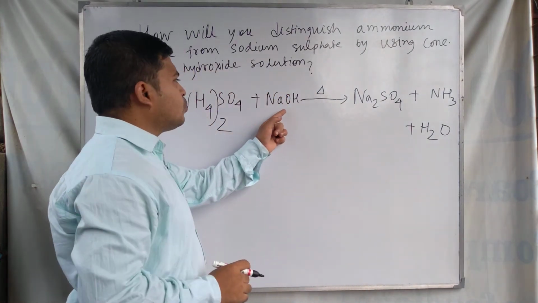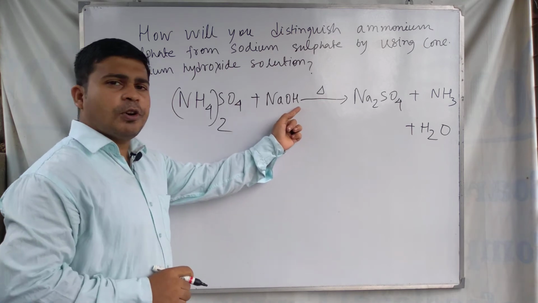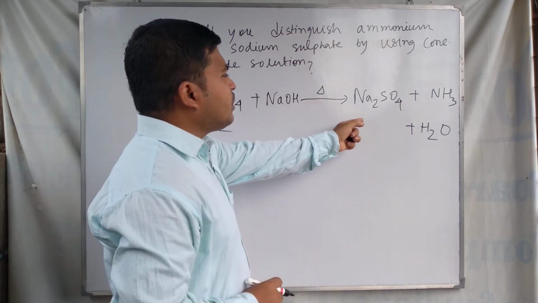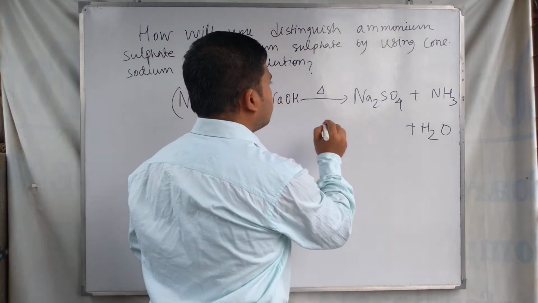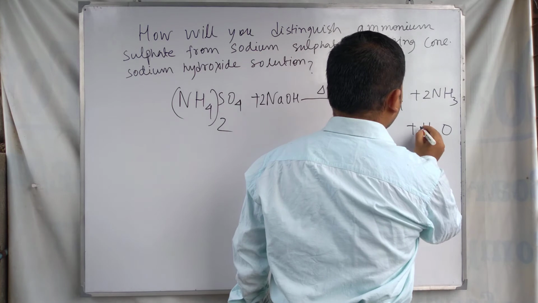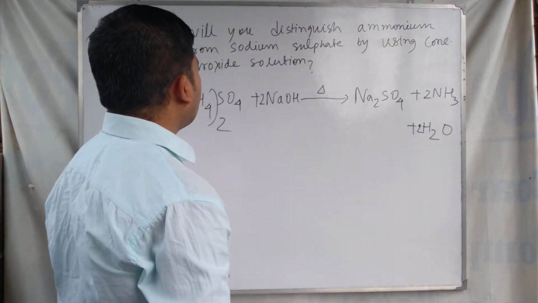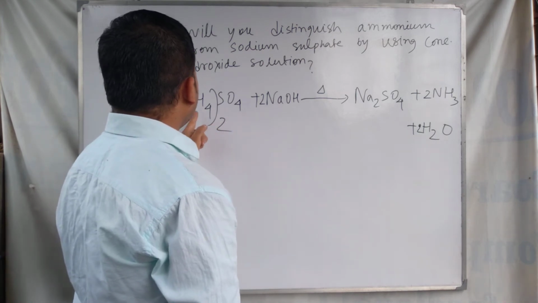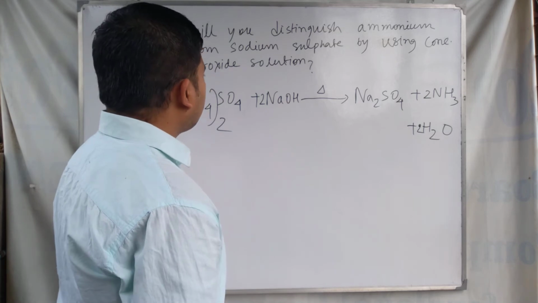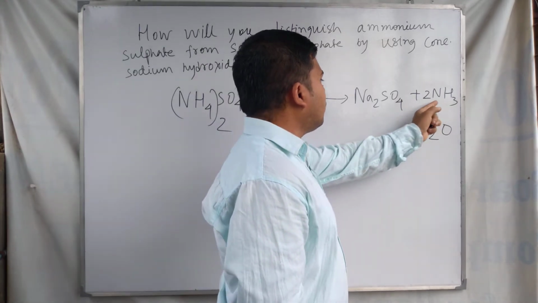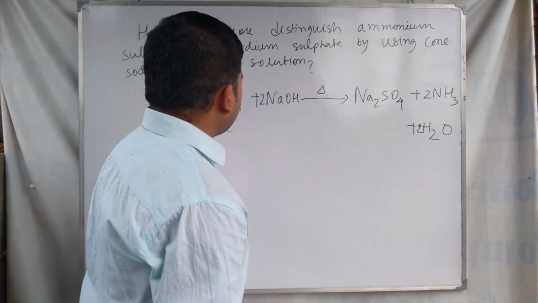By heating ammonium sulphate salt using concentrated sodium hydroxide solution, sodium sulphate, ammonia gas and H2O are formed. I am balancing this equation. Here the total number of hydrogen is 4 into 2, 8, plus 2 means 10, and on the other side 6 plus 4, 10. Okay, the equation is now balanced.